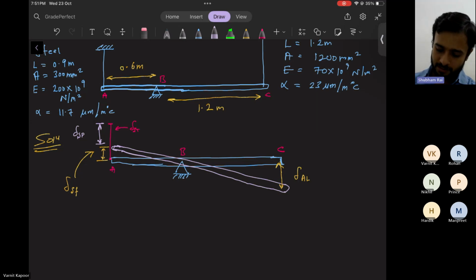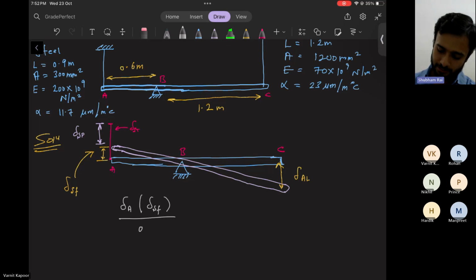Now, these two are similar triangles. So we can say that delta at A, which means final deformation, which is also delta SF, divided by what was this length AB?